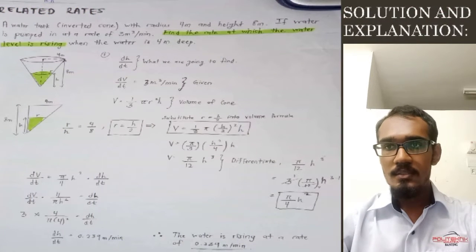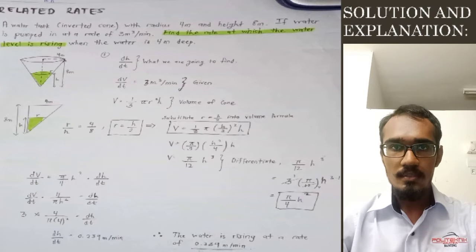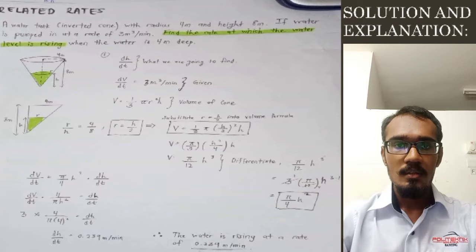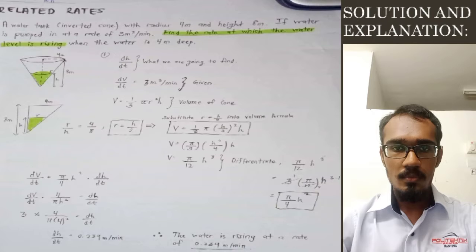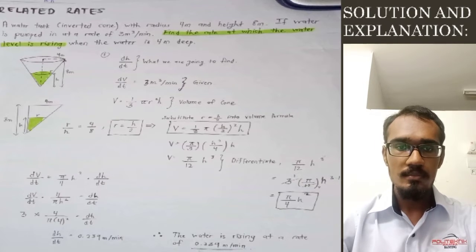As you can see, the question mentions that the water tank is in an inverted cone shape. So to make it clear enough, you have to draw an inverted cone so that you can do the question in more detail.